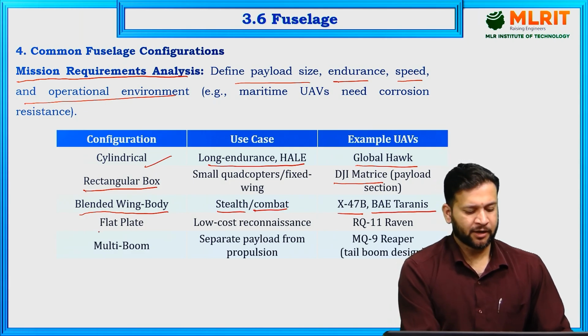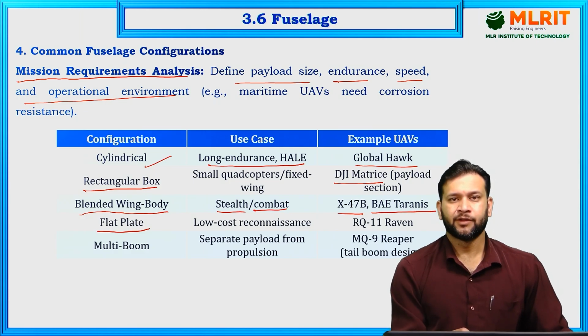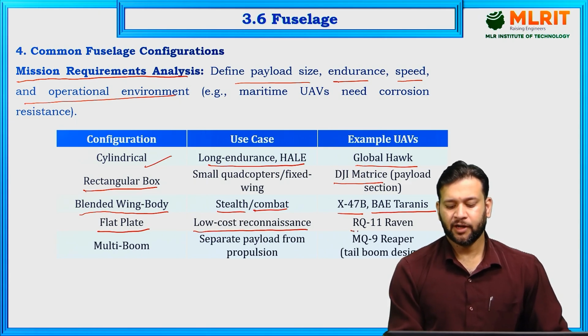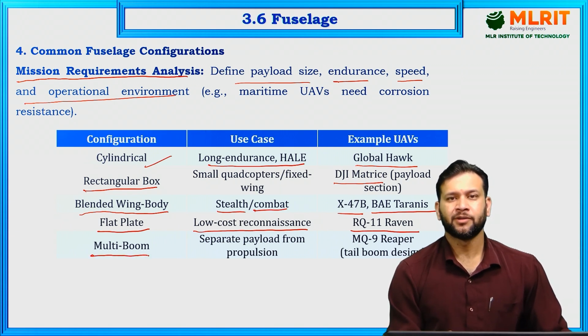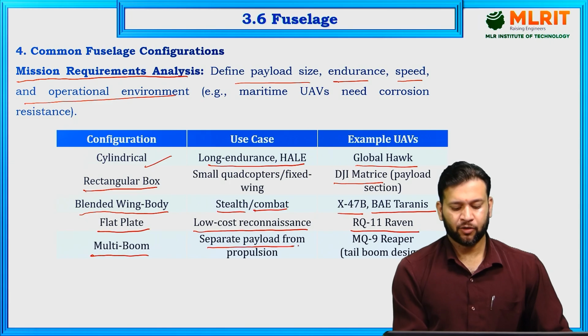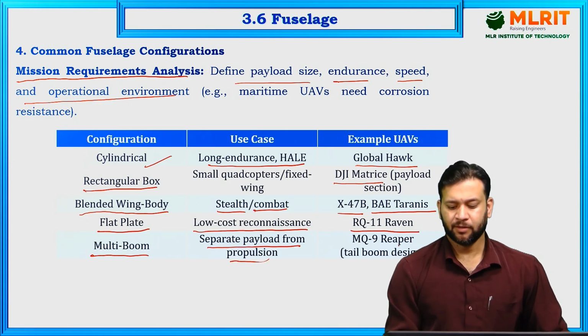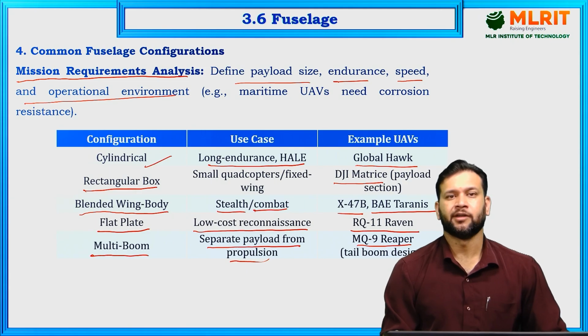Then we have flat plate configuration, which is low cost reconnaissance, and the existing unmanned air vehicle is RQ-11 Raven. Then we have multi-boom unmanned air vehicle configuration, which has a separate payload from propulsion. For example, MQ-9 Reaper is an existing unmanned air vehicle in this category.